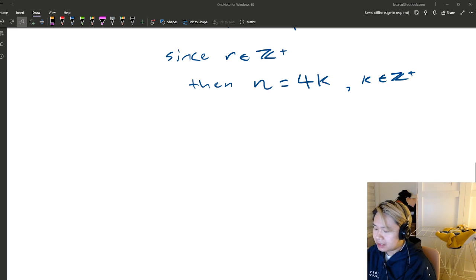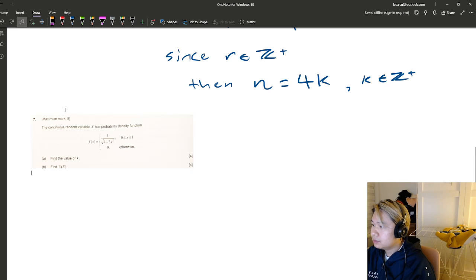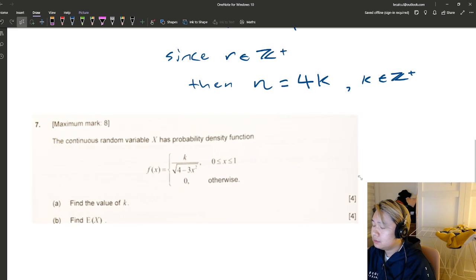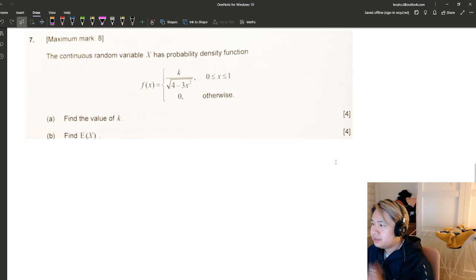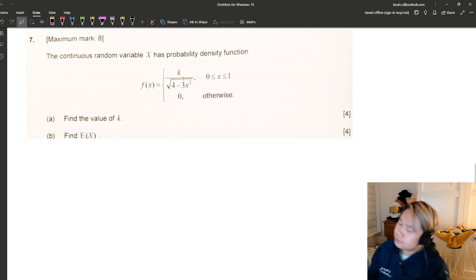Okay, next up. Continuous random variable x has a probability density function. It looks like that, that function right here. And then we need to find the value of k.